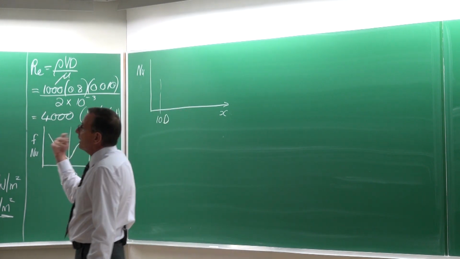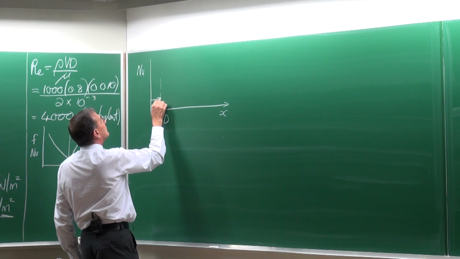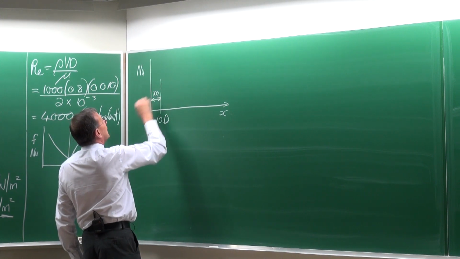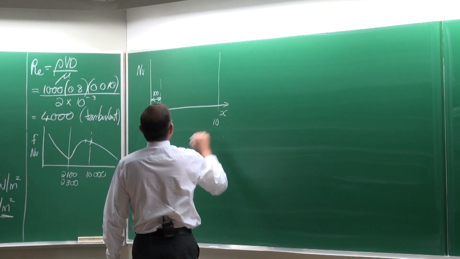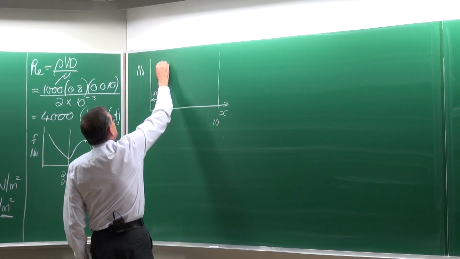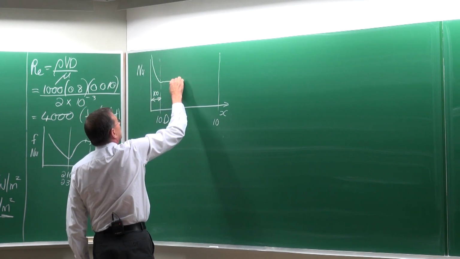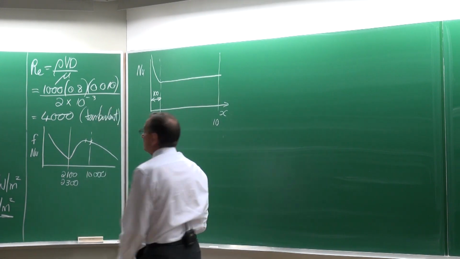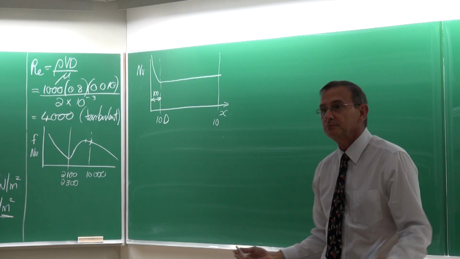So 10 diameters is 100 millimeters, and this tube length is 10 meters. Therefore, in this first 100 millimeters, it will do something like that. But for the rest of the tube, the flow is fully developed.